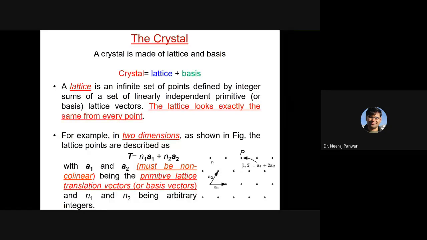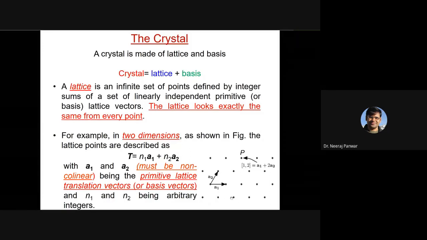For example, you look at this. These points are the geometrical points. These are not atoms. We are talking about a lattice, not the crystal. So a lattice is a geometric arrangement of points.